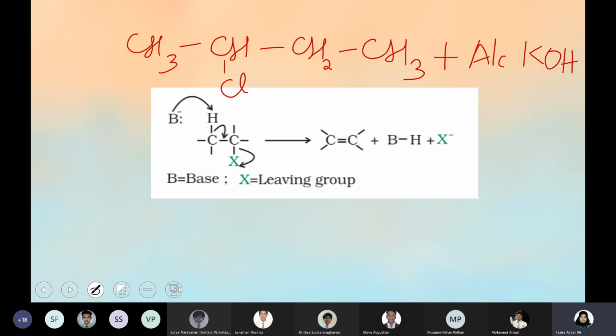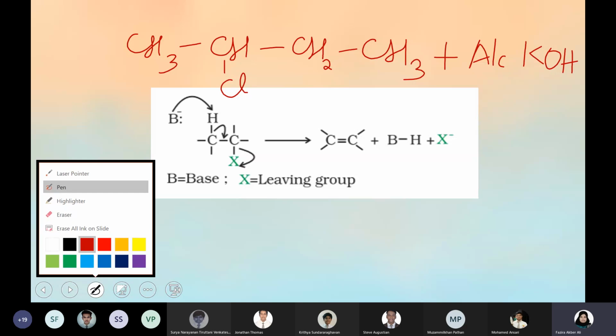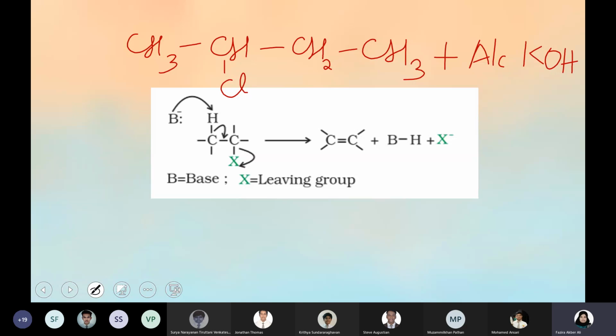How many products are possible and what are those products? Which beta hydrogen will be removed in this reaction? This is alpha and these are beta carbons, and hydrogens on the beta carbons will be beta hydrogens.